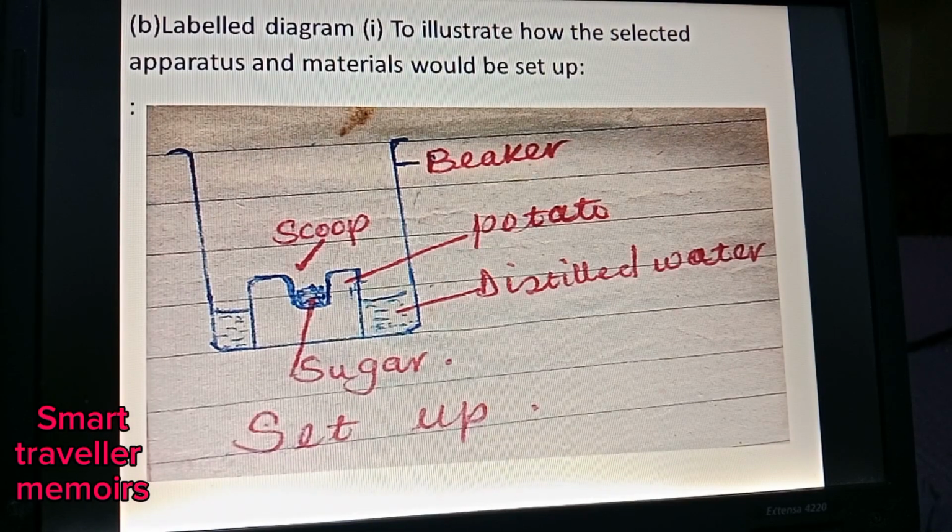There you are, a labeled diagram to illustrate how the selected apparatus and the materials would be set up. Okay? So you can see the diagram. You have the beaker, you have the potato, the scooped-out space there, distilled water, and where you put the sugar crystals, and that is the setup.